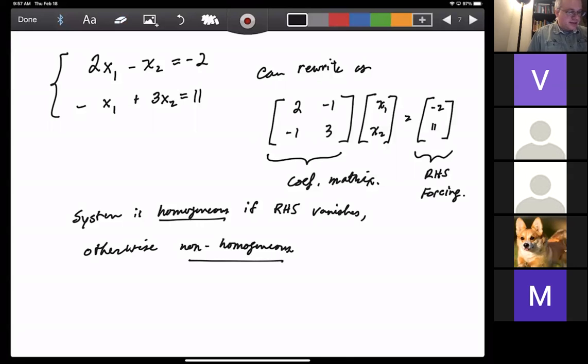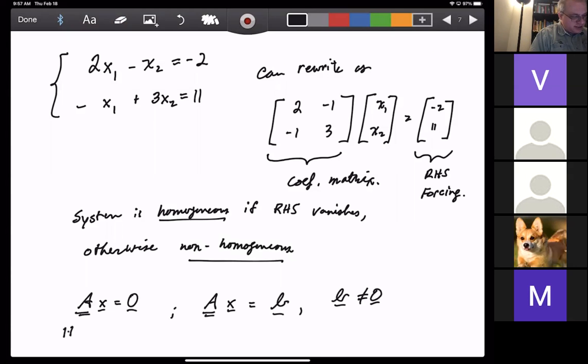So homogeneous or non-homogeneous depends on whether our system looks like AX equals the 0 vector, or AX equals some right-hand side vector B not equal to the 0 vector. So this is homogeneous, and this is non-homogeneous.